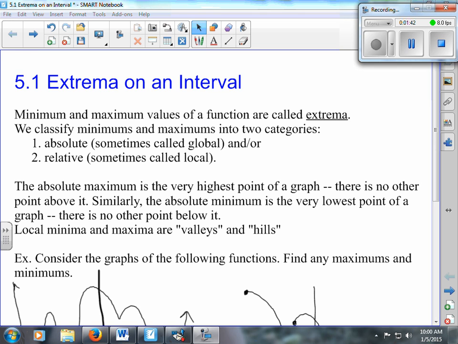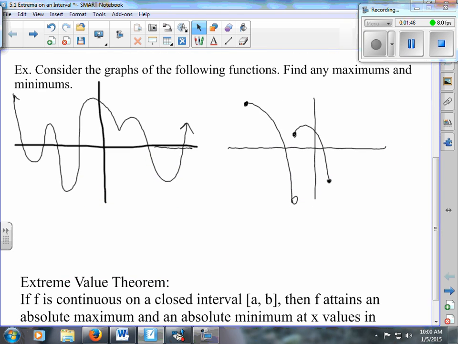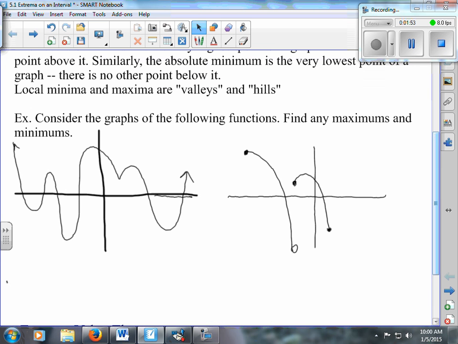Okay, and so these are points that we're going to study. And what I have here are two graphs, and in these two graphs, we're going to consider what are local mins and maxes or relative mins and maxes and global mins and maxes. So let's start with the graph on the left. On the left, I have one local max here, another local max here, and a third local maximum here.